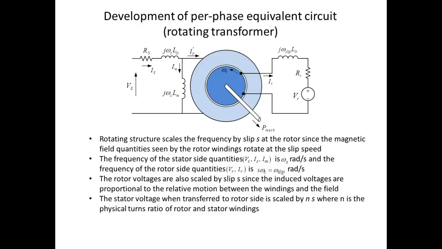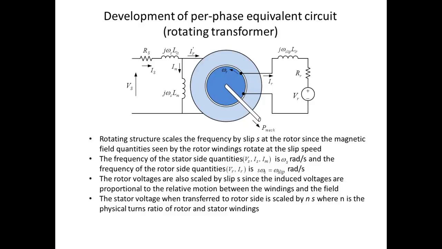But in the case of the rotor windings, since the rotor windings are housed on the rotor, which itself rotates at the speed of omega r, the flux that cuts the rotor windings is at a relative speed.